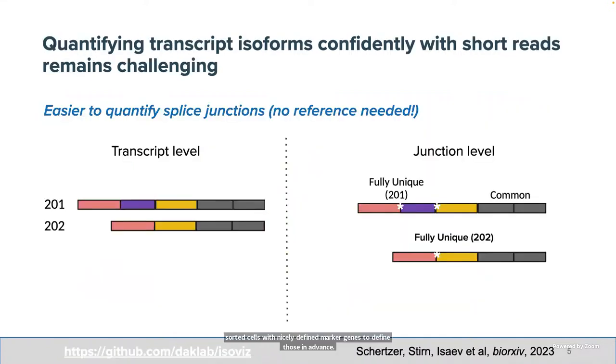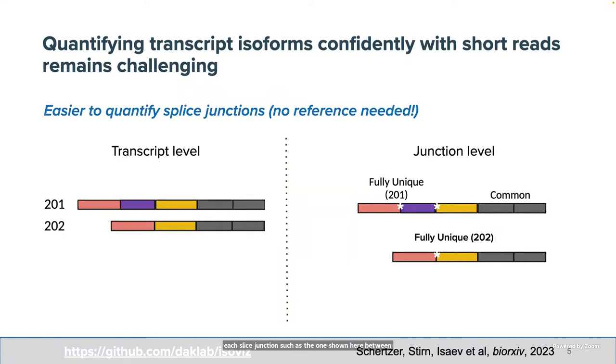To answer the first question, let's first consider that most widely used sequencing platforms give us short reads, which are not very helpful when it comes to measuring the abundance of full transcript isoforms, such as the one shown on the left. Instead, we can quantify each splice junction, such as the one shown here between the pink and purple exons on the right.